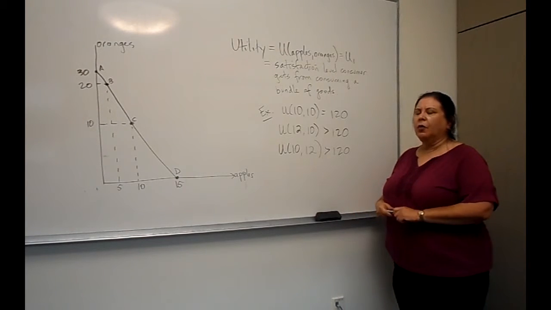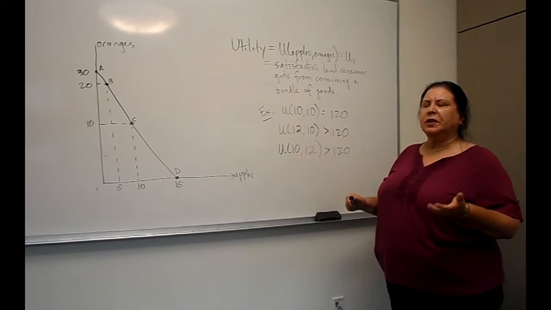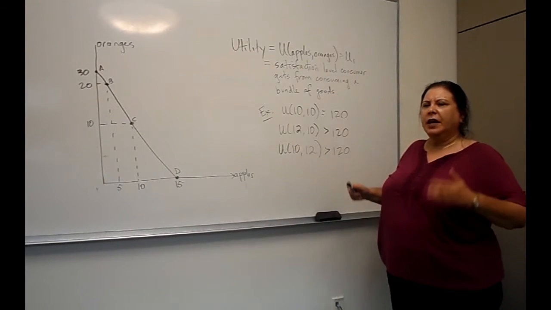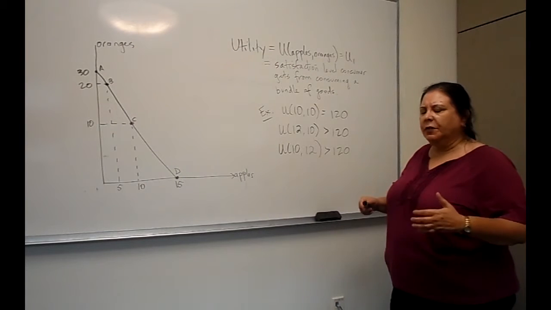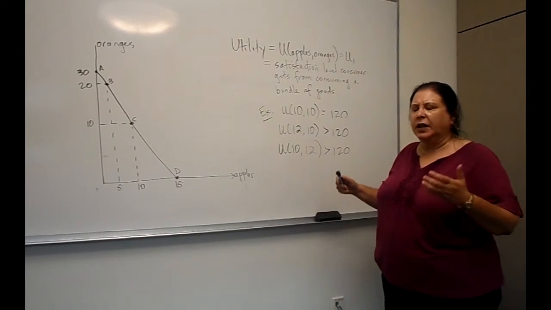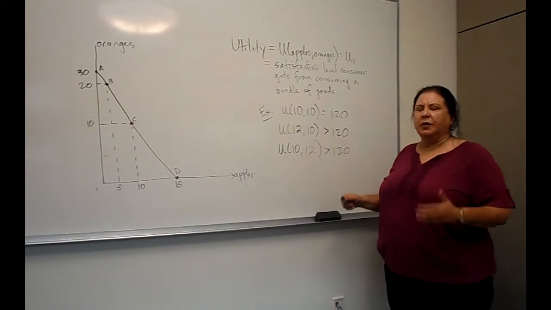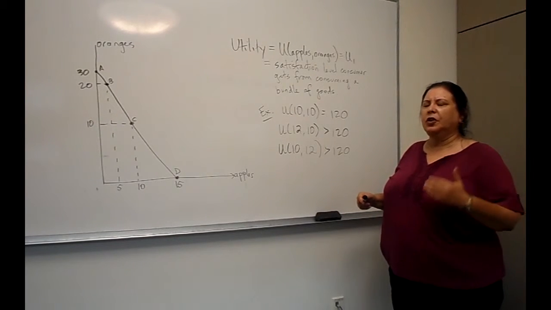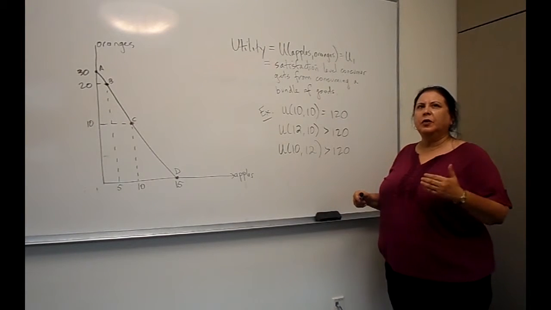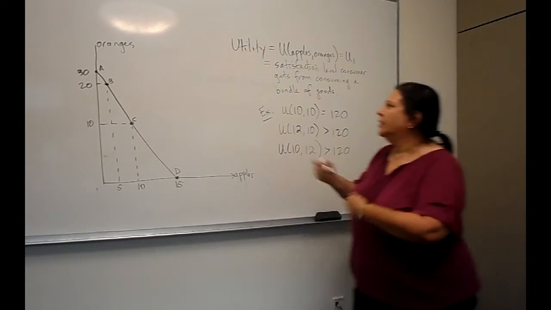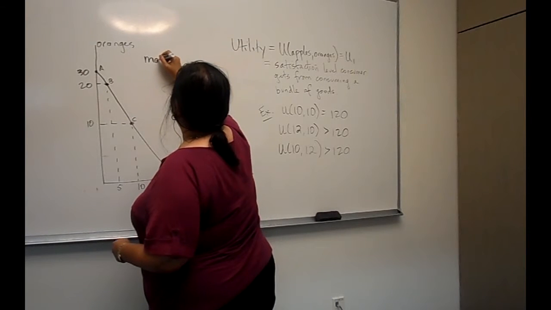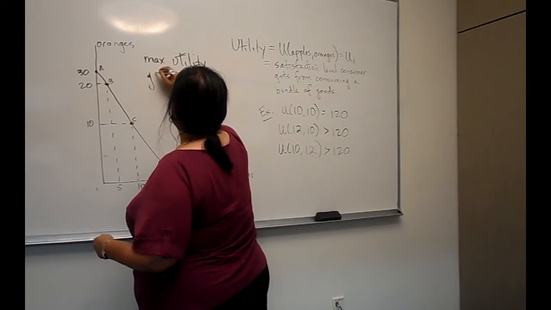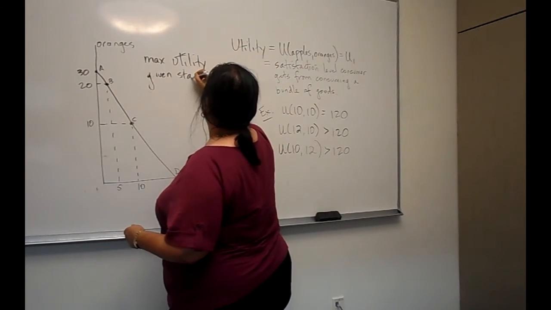Okay? Now, what the consumer is assumed to be trying to do is make himself as happy as he can, or give himself the highest utility he can, given that he has to stay on the budget line. So you're trying to get the maximum utility you can afford, given you have to stay on the budget line. So maximize utility, given stay on the budget line.